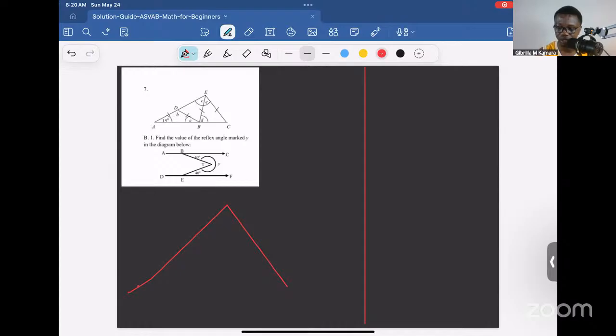There should be a straight line. And we have this. Then we have from this to this, we have this line.